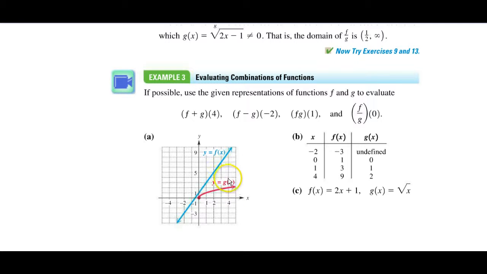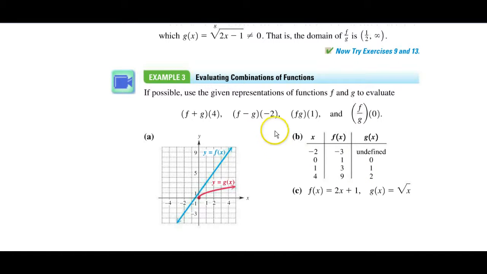And now we go up to our line here, and this coincides with 9. 4, 9. Very good. Now we're going to look for our g function. We go over here to 4, and we go up to 2, and then that is correct. Okay?